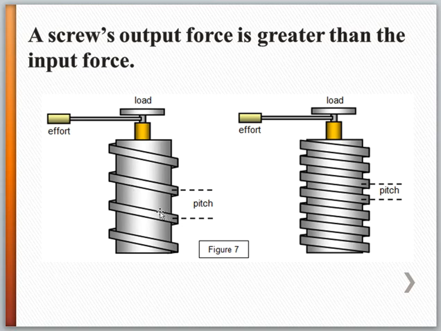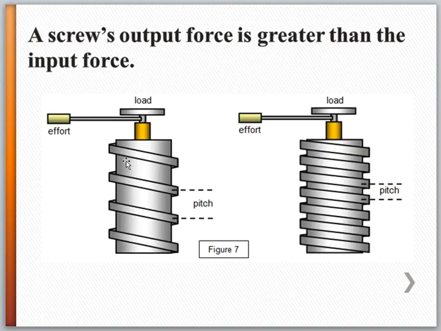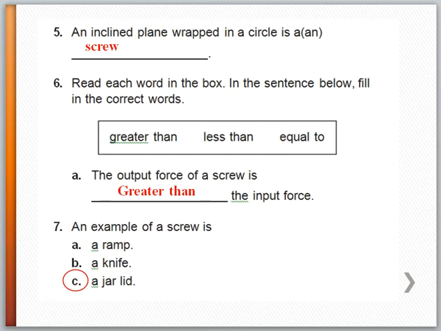Depending on how the pitch of the threads is designed, I can get a much greater output force. Now I have to turn this thing more times to lift it that distance, but that gives me mechanical advantage. Again, I just really want you to get the concepts of how machines use mechanical advantage and allow us to do things that we just really can't do without them.